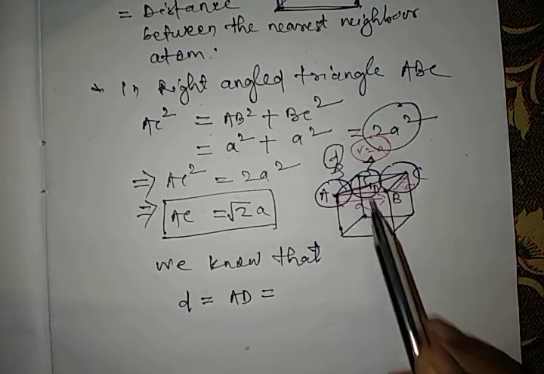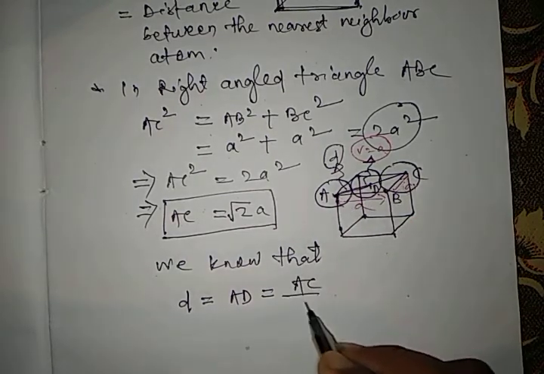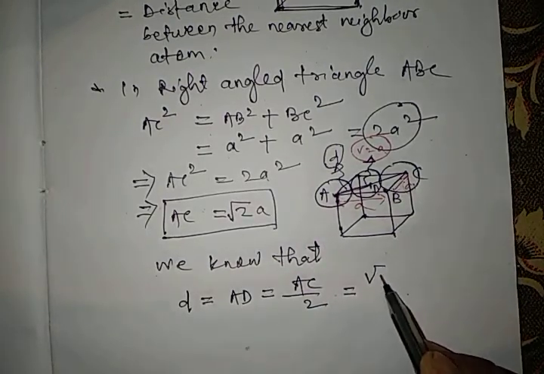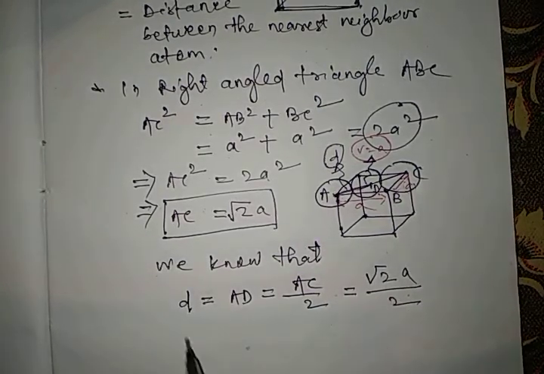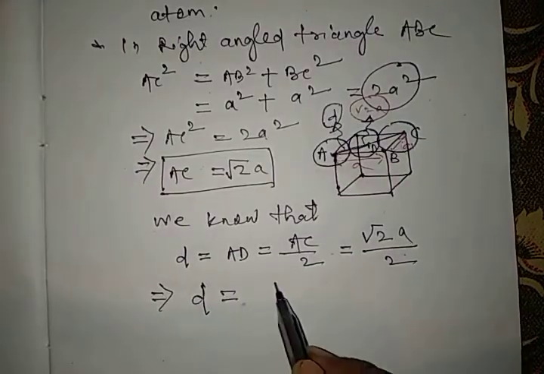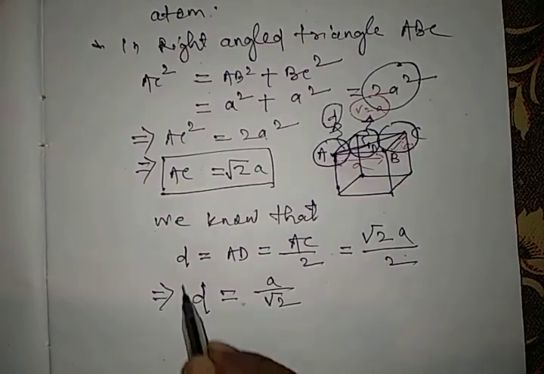So d equals AD, and AD will be AC by 2. We have calculated AC equal to root 2 a, so root 2 a by 2. That implies your d equals a by root 2.